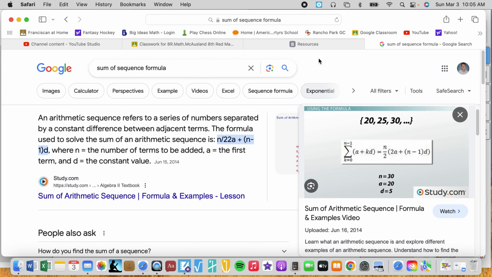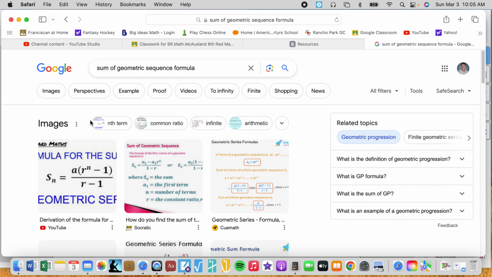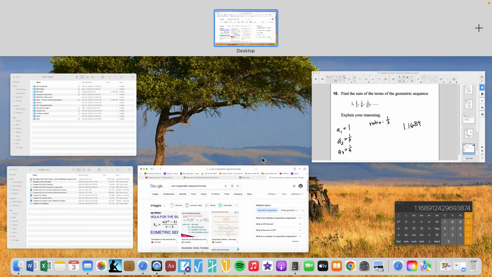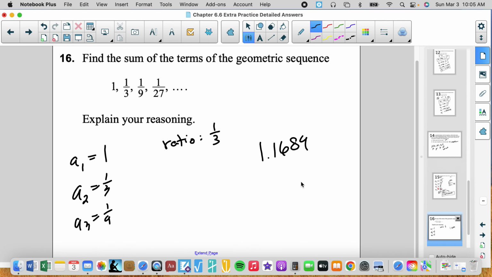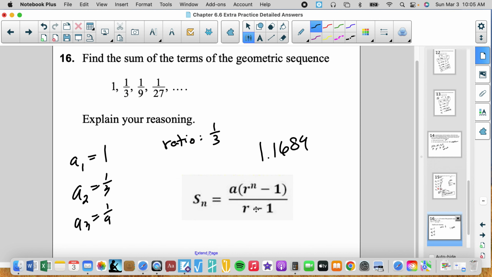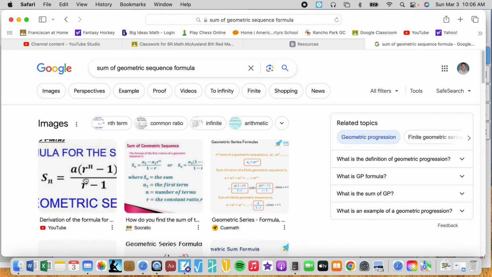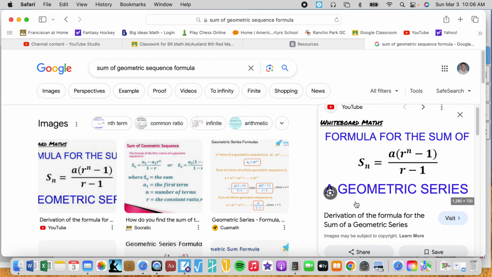We need a sum of a geometric sequence. Sorry. Okay, of a geometric sequence. Let's see if this works. I could be wrong. I don't know if it's going to be Euler's, but we'll find it, right?